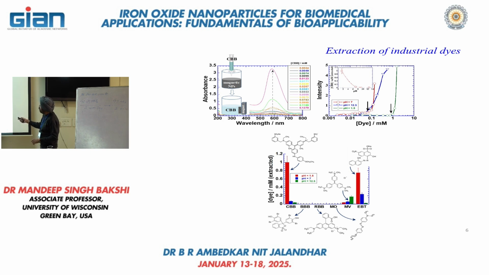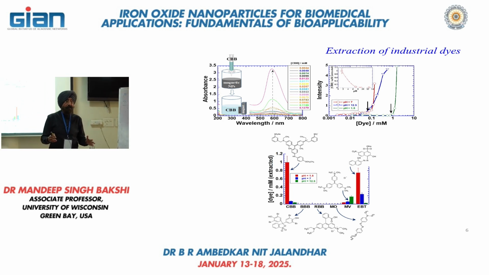Neutral and basic, you may assume close to 0.1 millimolar, 10 times lower. If you are performing this titration under acidic condition, you can extract dye up to 10 times more in comparison to the neutral medium, right?